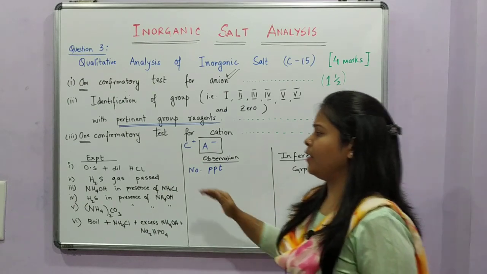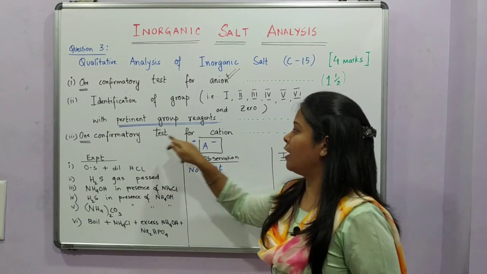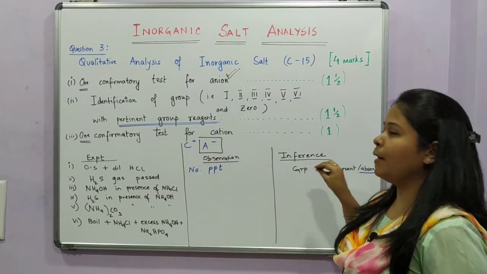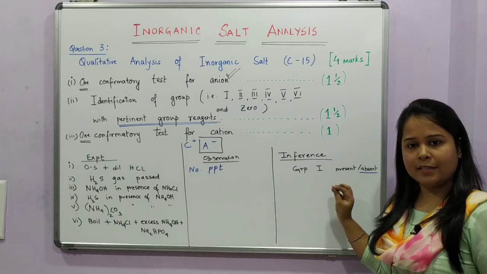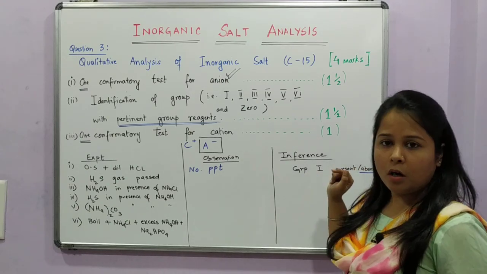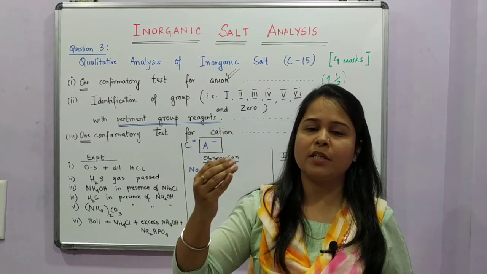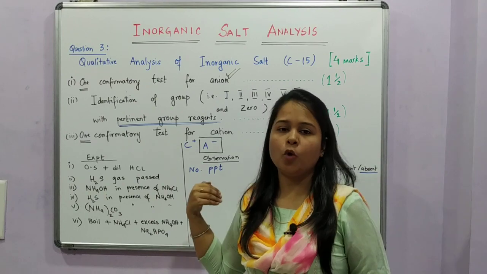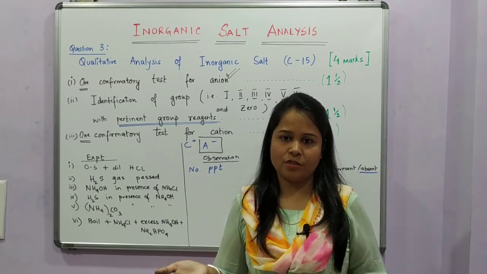We simply go for the confirmatory test for that particular group. Is this clear? For any particular group to be present, the previous groups have to be shown absent, and the following groups need not be written because we are not getting any marks for that, right?